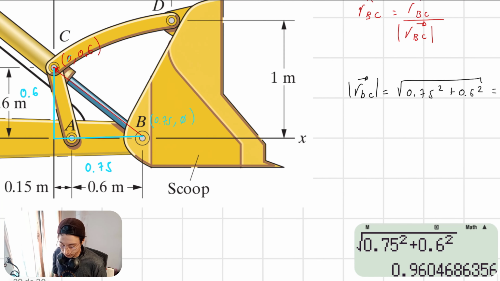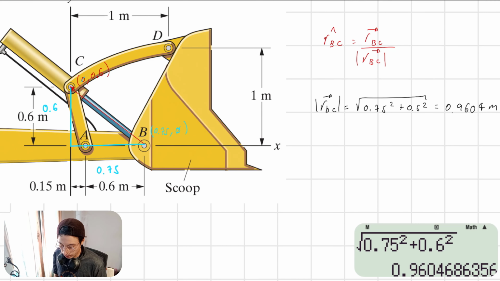Now, once you have the coordinates, pulling out the information of the vector is pretty simple. You just have to do a subtraction. You are going to subtract the final point minus the initial.